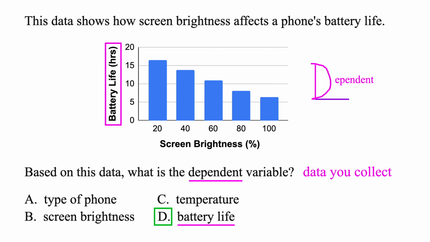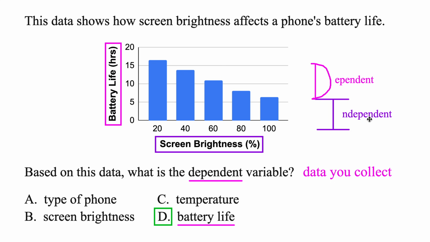But the one on the bottom, you could turn this into an I, and that's the independent variable. So in this case, screen brightness, that's the thing on the bottom, that's the independent variable. So there we go. There's two ways to find the dependent variable. Look for the data that you collect, or look for the thing that goes up and down on a graph.